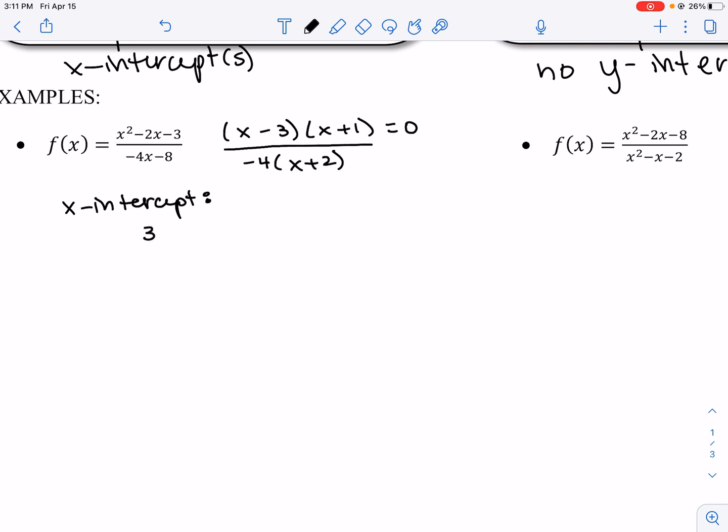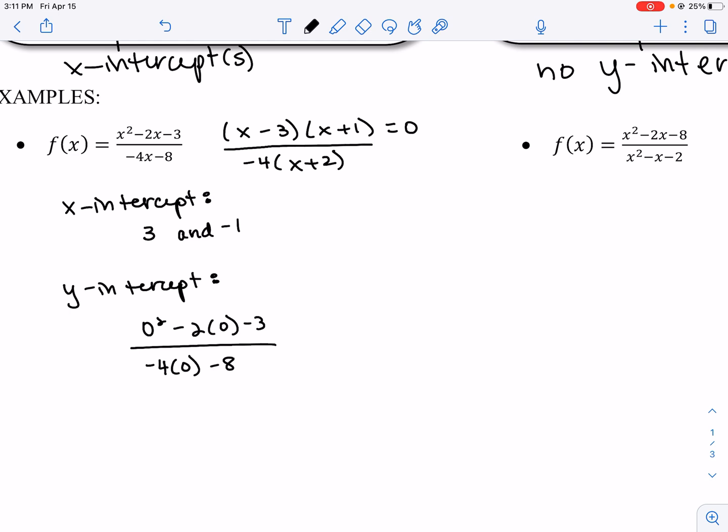So in this case, I have x-intercepts of 3 and -1. When I go to do my y-intercept, I'm plugging in 0 for everything. And when I do that, this whole part cancels. That leaves me with -3 over -8, which simplifies to 3/8.